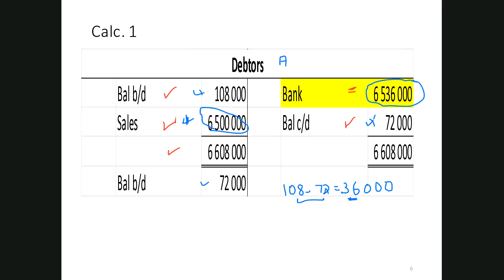So that's 6,536,000. You could reconstruct the ledger account like I've shown you. Otherwise, you can just take the 6.5 million and add this 36,000, and you get to the same answer. The reason we add the 36,000 is because it's an inflow. We've received money from our customers.